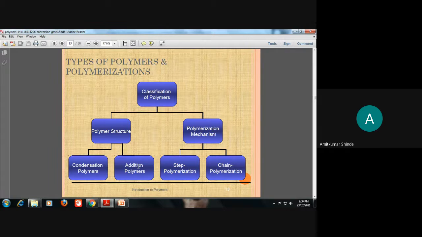When a particular polymer is formed by chain or addition polymerization, that polymer will be termed as addition polymer. And when a particular polymer is formed by step or condensation polymerization, that polymer will be termed as condensation polymer. Generally polymerization has two types: chain or addition polymerization, and step polymerization, also known as condensation polymerization, and their respective polymers will be termed as addition polymer and condensation polymer. Now this is the basic classification.